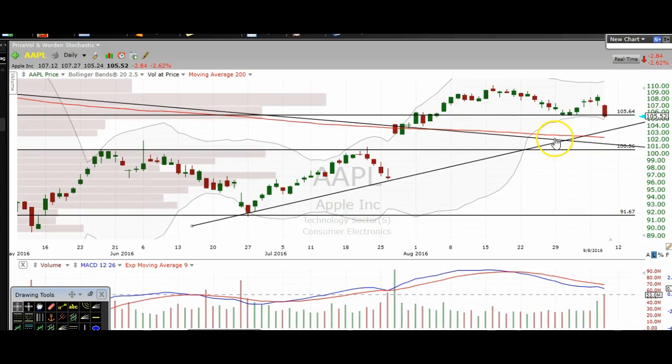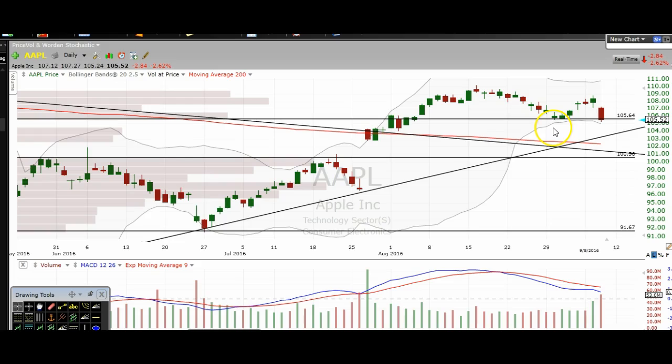I'm not ready to call it yet that we are going to be heading down because we just closed below this support by 12 cents. So not ready to call that support break just yet, but it has that look with the volume as well. So I wouldn't be surprised if it heads lower. But overall, I think Apple is going to be heading higher in the longer term.